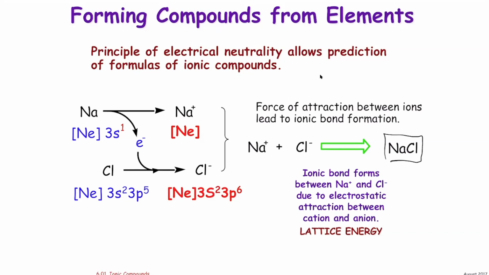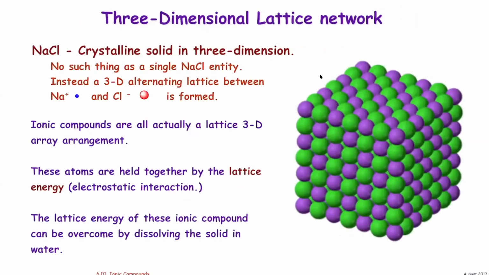And then the chlorides are going to be attracted to all the positive ions out there. And so it's not a one-on-one ratio. It actually is a lattice, an alternation between positive, negative, positive, negative. But when you look at the lowest ratio, it's 1 sodium to 1 chloride. Okay.